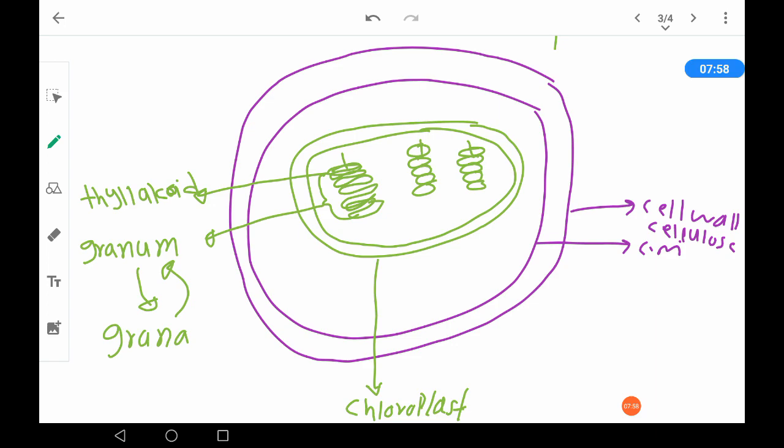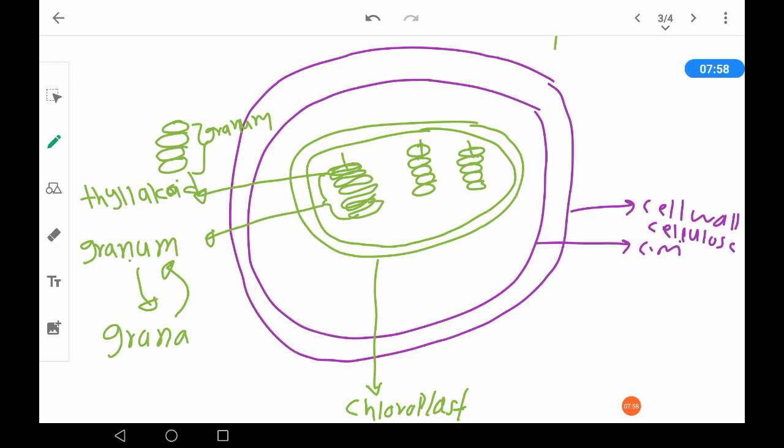Each granum is made up of many thylakoid membranes. This is one thylakoid membrane, this is the second, third, fourth. All of it we call a granum, as I mentioned.